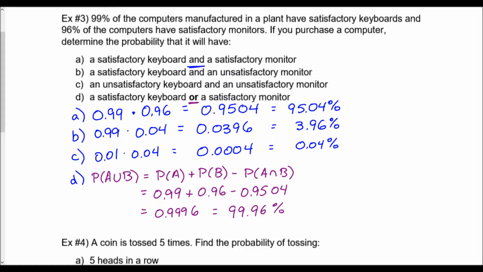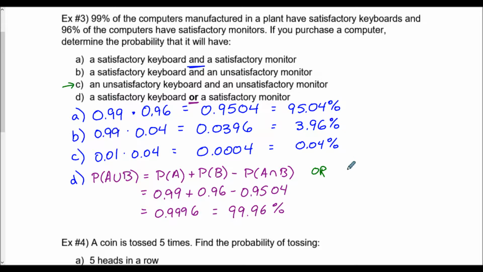Now, of course, there's an alternate way of doing this. Having a satisfactory keyboard or a satisfactory monitor just means that one of them is good. So if one of them is good, it means that they both can't be bad.